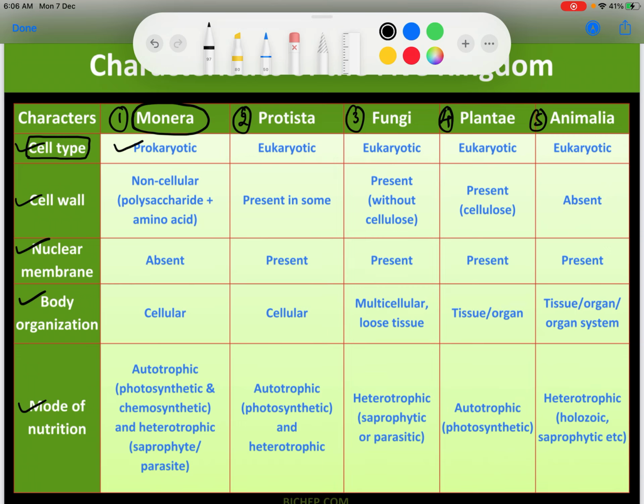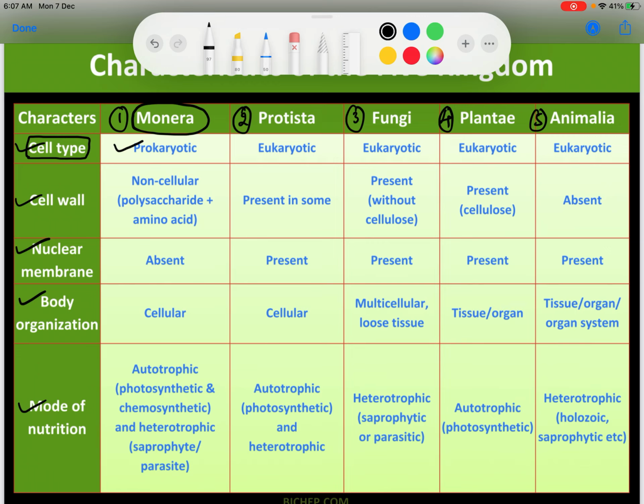I repeat, if they are prokaryotic, then they are supposed to be placed under the kingdom Monera. If they are eukaryotes, it can be Protista, fungi, plants, or animals.